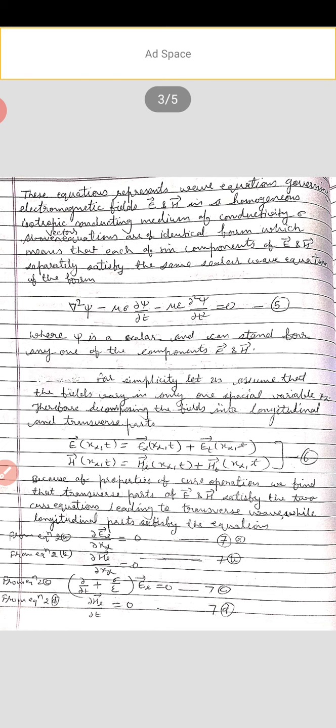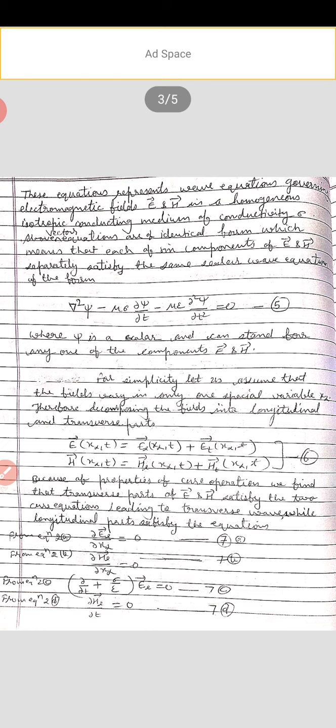Now, for simplicity, let us assume that the fields vary in only one spatial variable x alpha. Therefore, we decompose the fields into longitudinal and transverse parts.